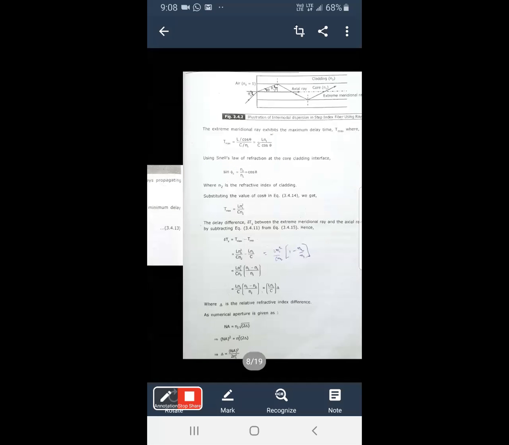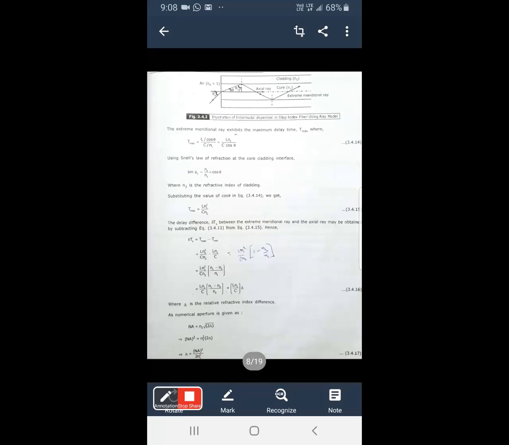Last class we discussed intermodal dispersion in the multimode step index fiber. Two different signals are taken, one with the maximum time period and the second with the minimum time period.